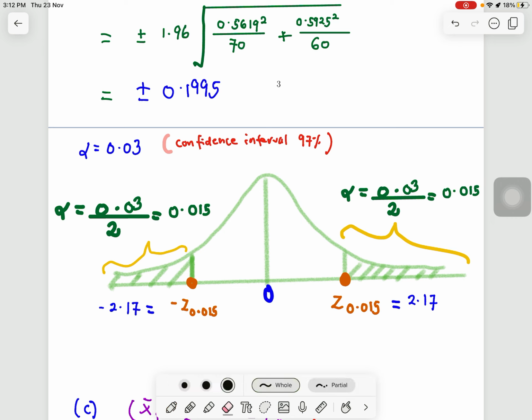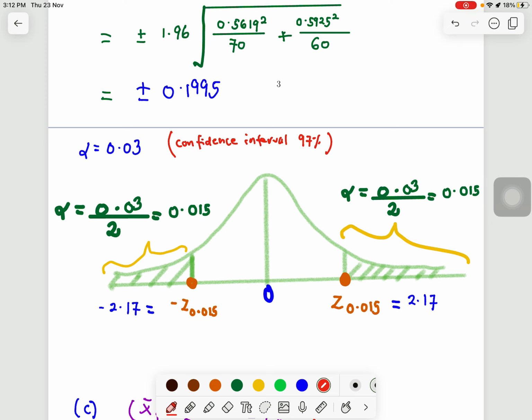Okay. So alpha is 0.03. You just follow the same procedure. You divide by 2. You have to get the Z critical for both sides, both tails, and the value after you divide by 2 is 0.015. The area is 0.015.